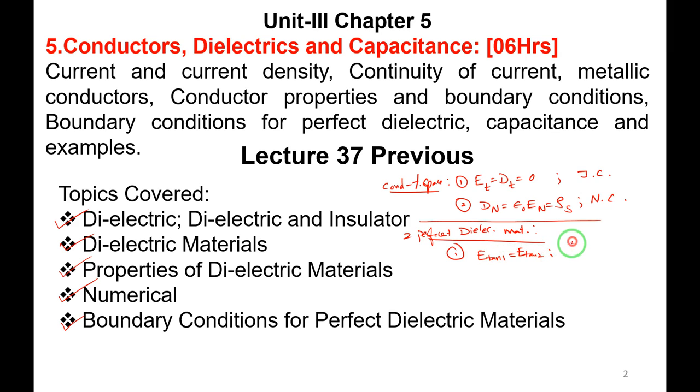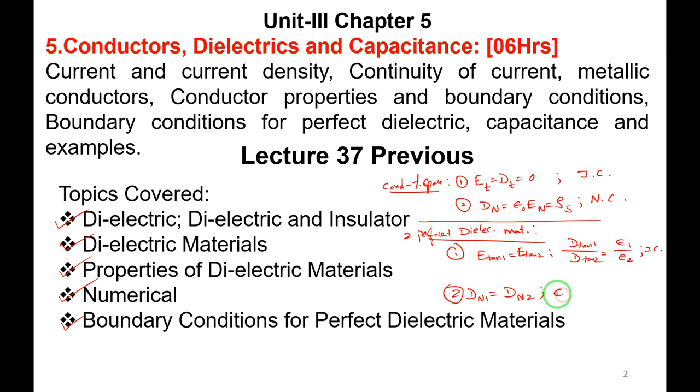Then in terms of D tan 1 divided by D tan 2 is equal to epsilon 1 by epsilon 2. This is a tangential component. Then second, the normal component, Dn1 equal to Dn2. Here the normal component of electric flux density is continuous, right?